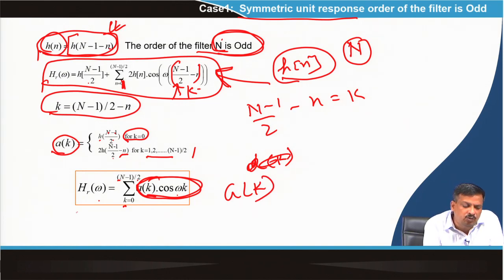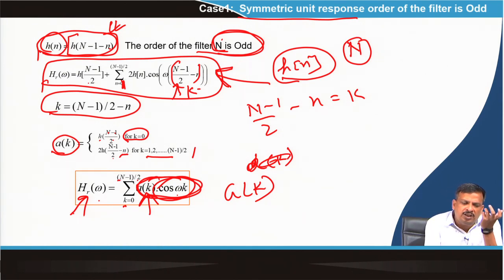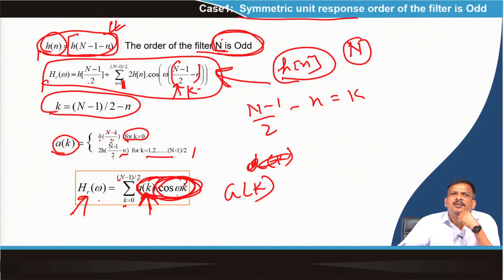So the frequency response is nothing but a convolution between the filter coefficient a_k and cos(omega k), where k equals 0, 1, 2, 3, 4. For every k I get an omega. Cos(omega k) defines the different frequencies.